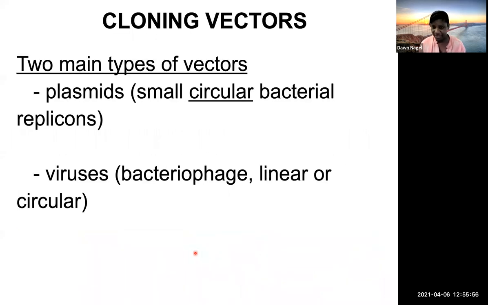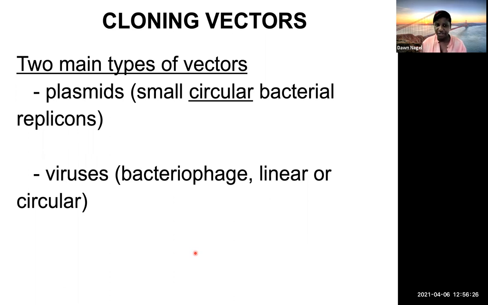But in order to get them across, not only do you need to consider how you are going to get them across these different cell walls or cell membranes, you need to have a special type of molecule for this to work, right? You need to be able to create a construct, what we call cloning vectors, right?